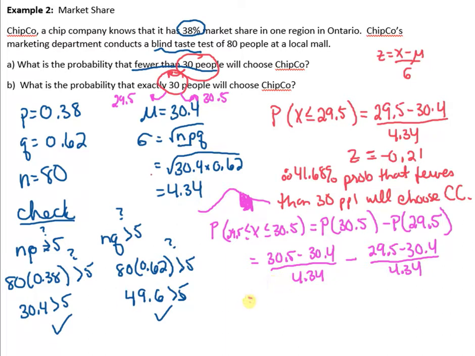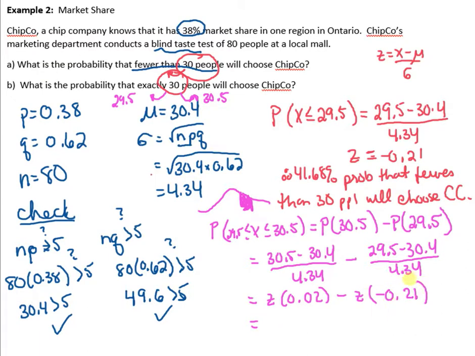And remember, these are z-scores. So this is not actually punching out a probability, it's just punching out a z-score. For this one, I get a z-score of 0.02. And then I get a z-score for this one, 29.5 minus 30.4 divided by 4.34, negative 0.21.